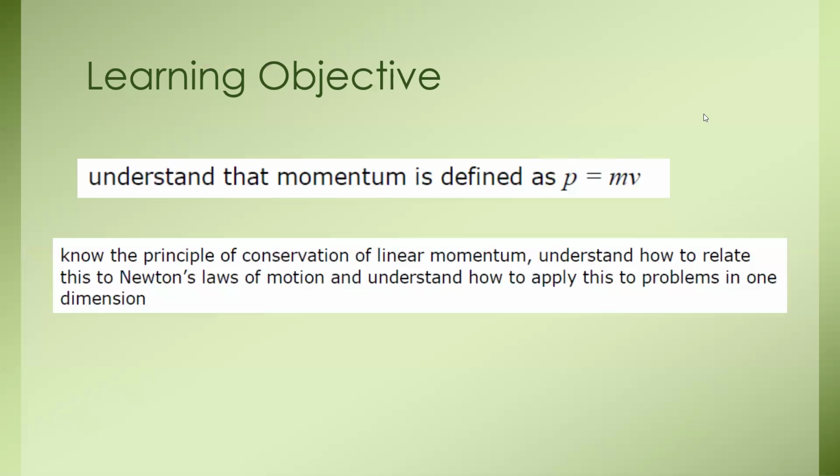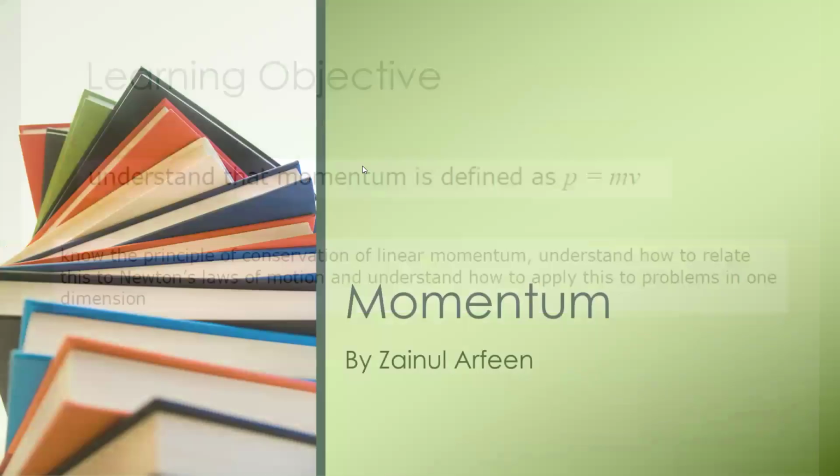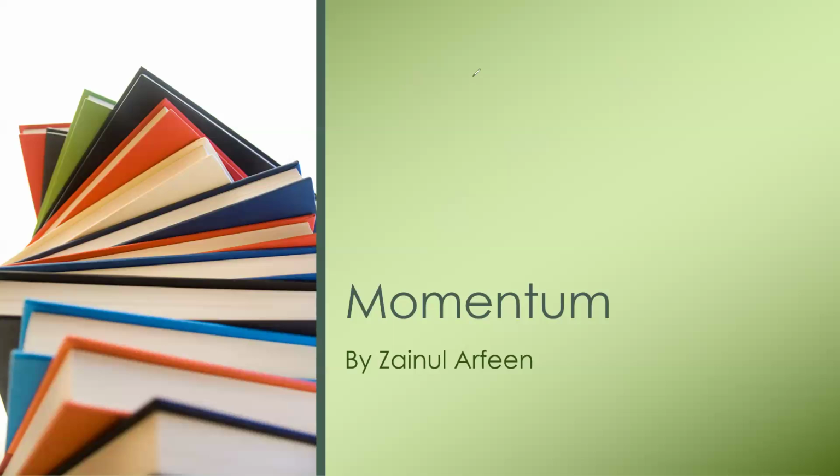Area of a graph is equal to impulse. Yes, that's right. If F and t were inversely proportional, why does the graph show this? Yeah, a very good question, Asha.